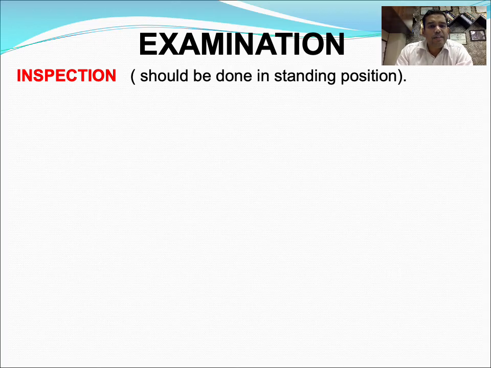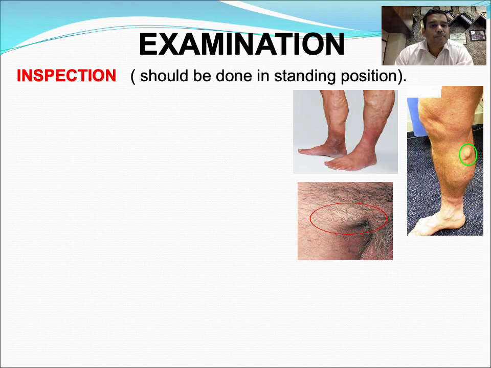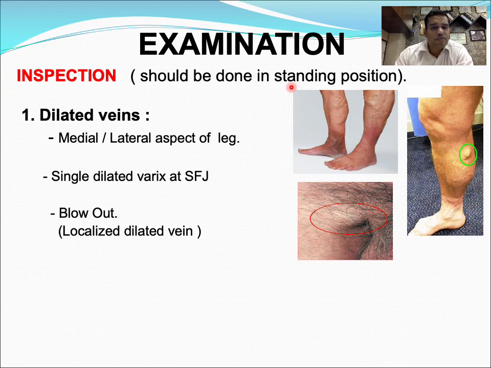Coming to the examination. The first part of the examination is inspection. It should always be done in a standing position. Make the patient stand and go to the level of his leg and try to observe any finding. The first thing you may notice is a dilated vein. You should note whether the dilated vein is present medially, on the middle side of the leg, or towards the lateral aspect.